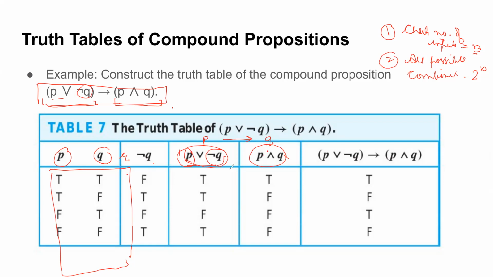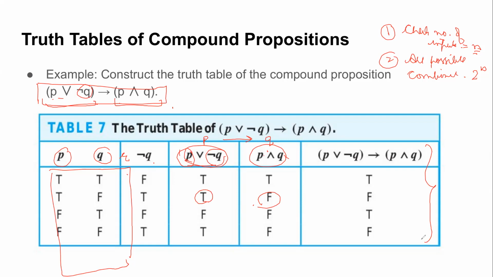In the implication table, we know that it is false only when the first statement is true and the other is false, otherwise it's always true. That is how you can find the truth table of your compound statement.